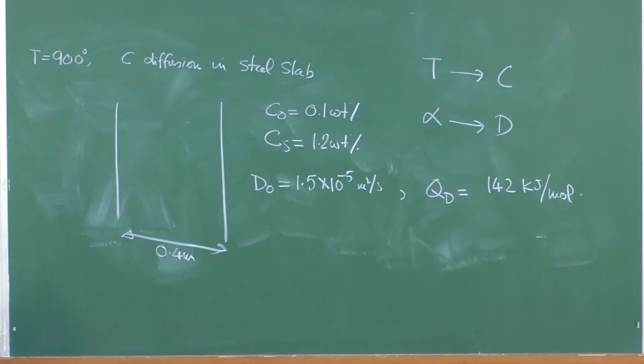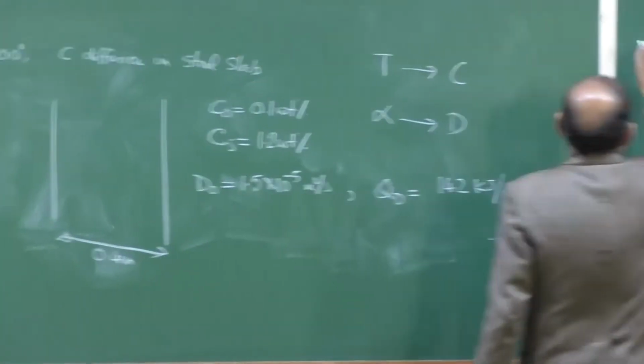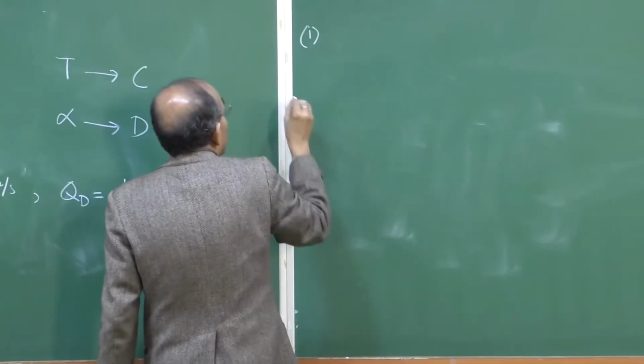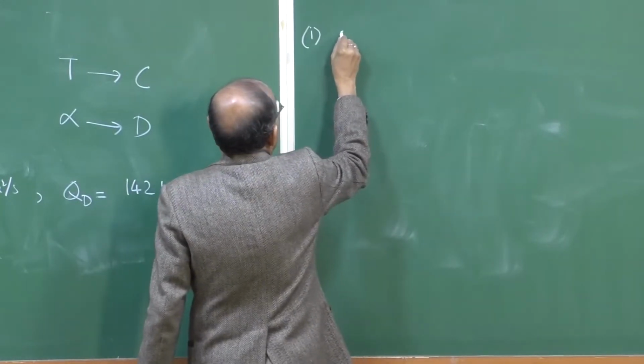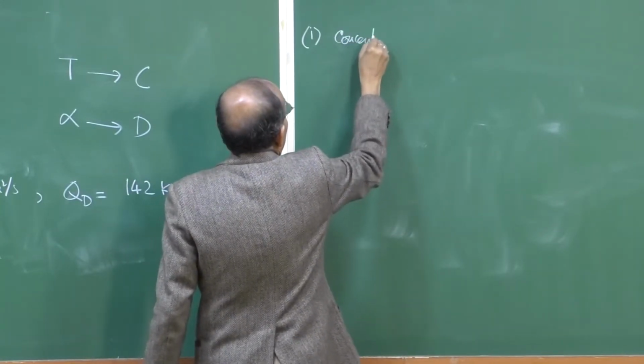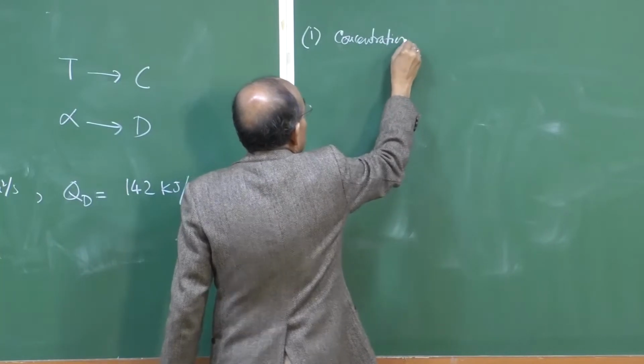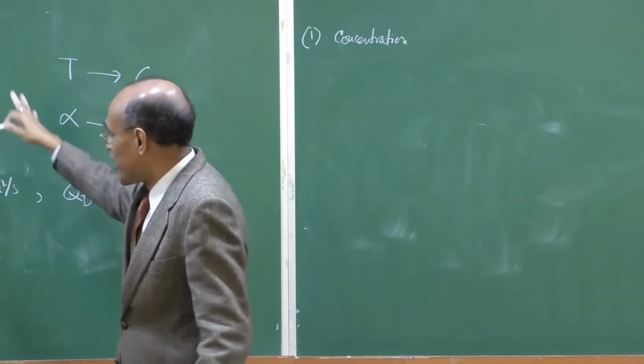And we want to find out, there are several tasks. We want to find out, one, the concentration of carbon. So, this will explain all types of possible numericals that you can get.